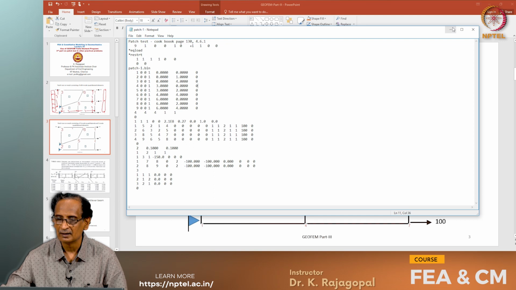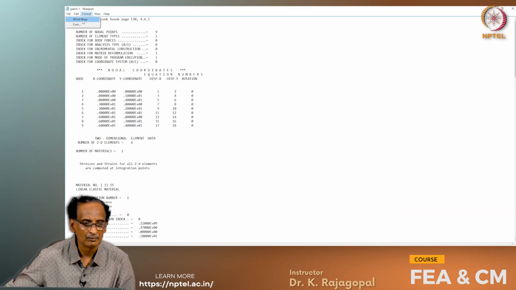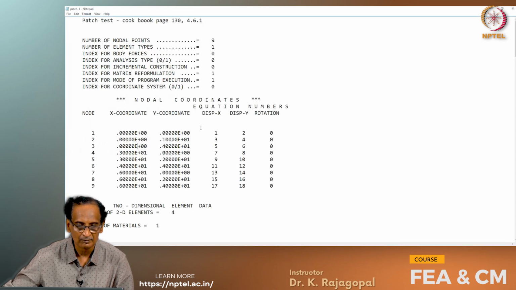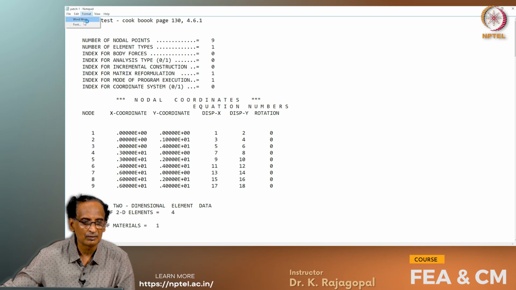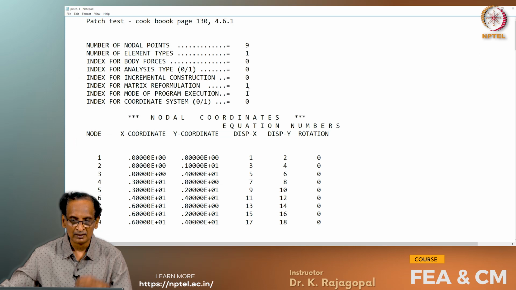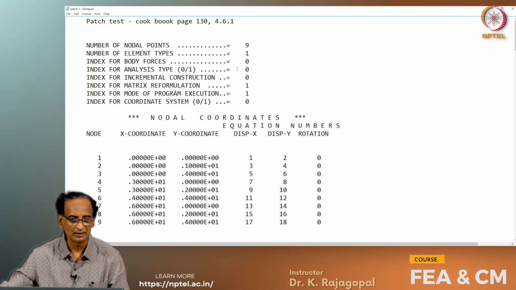Okay. And so, if you look at this result, I think I can increase the font a little bit. Okay. So, here we have a mesh with 9 nodes, and the number of element types is 1, because the entire mesh is made up of only continuum elements.